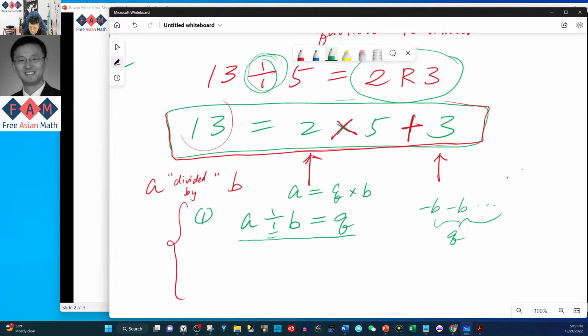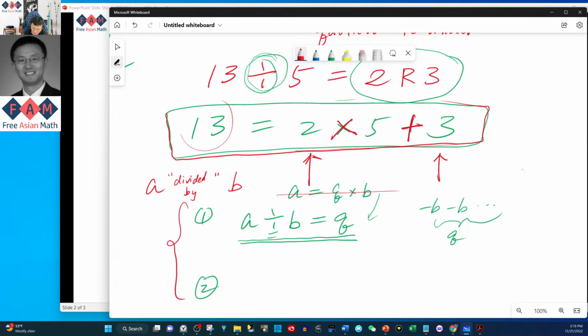That is why we can define it this way. We have already pre-verified this will be the case. So this is the first case. If A is a multiple of B, A divided by B will be represented this way. And the second case is obviously if this failed, we cannot find a Q multiple for B, then we will have to go with the division with remainder operation.